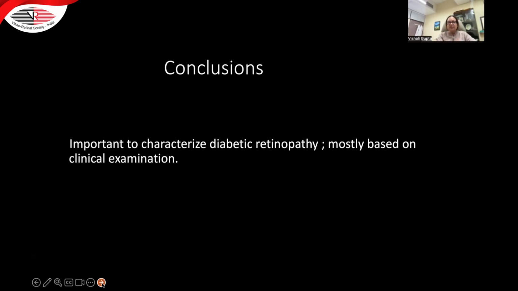So, this characterization remains the most important part of managing diabetic retinopathy, and it does not require any sophisticated gadgets to diagnose and characterize. As I showed you color photos, that is your clinical examination. So the clinical examination is enough to characterize diabetic retinopathy.